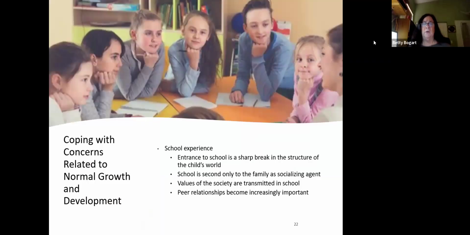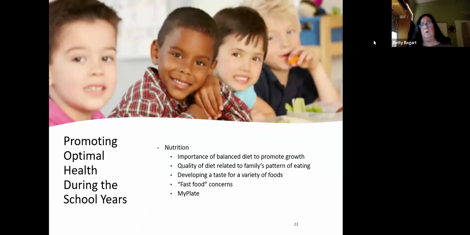When school age children start to go into school, we know that hopefully they've had preschool. Again, we're getting the values of all the kids, right? Every child brings something into that classroom and they're really sharing. And again, peer relationships are extremely important at this point.